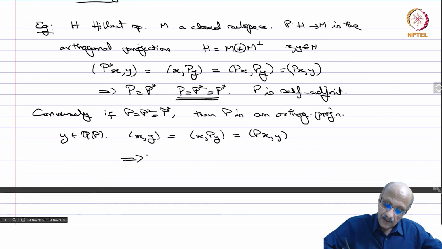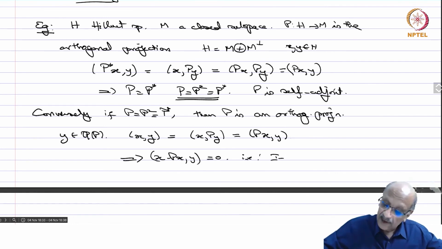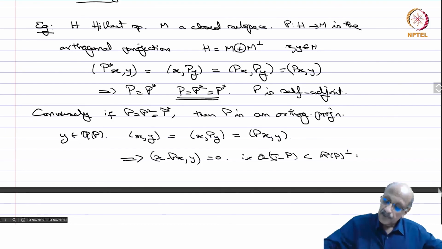Therefore you have that x minus Px, y equals 0, that is, range of I minus P is contained in range of P perp.